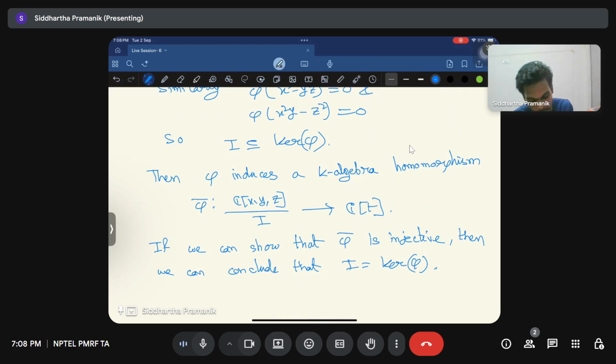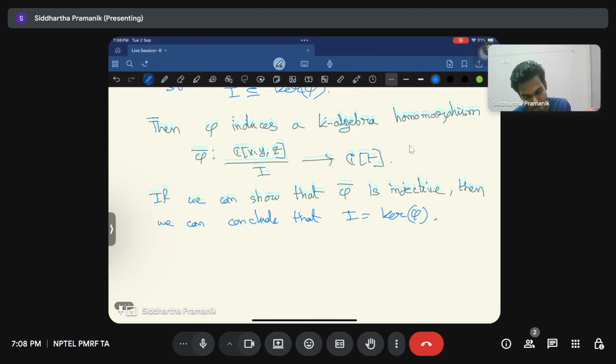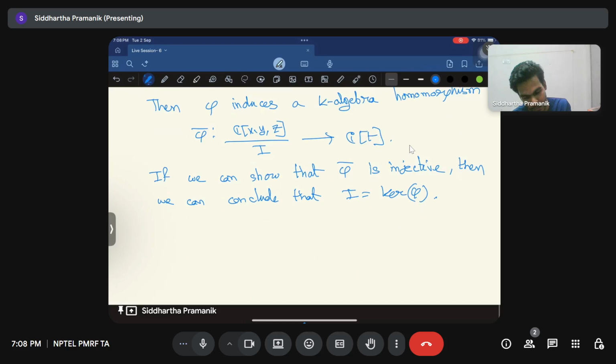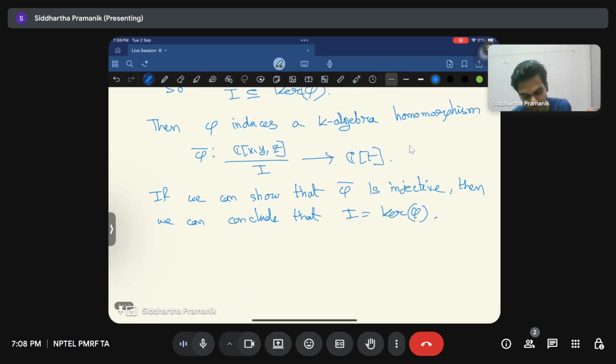So how to prove that phi bar is injective? We will use the fact that it is a K algebra homomorphism, which means it is a linear map of K vector spaces, to prove that it is injective.